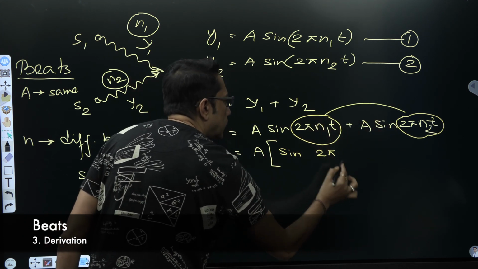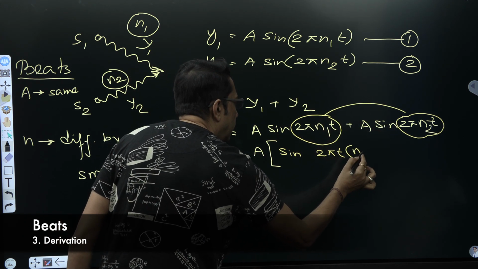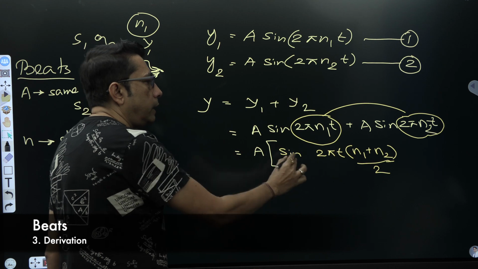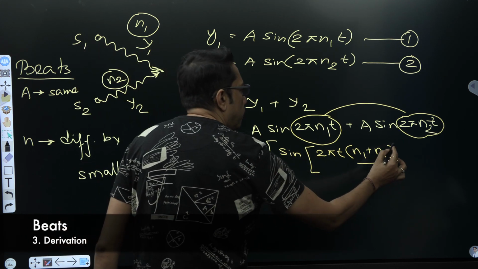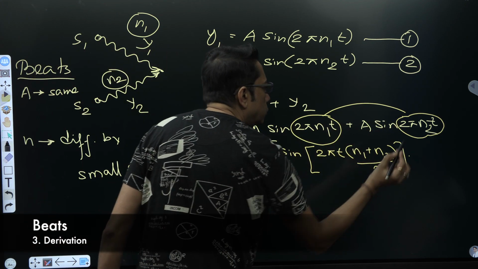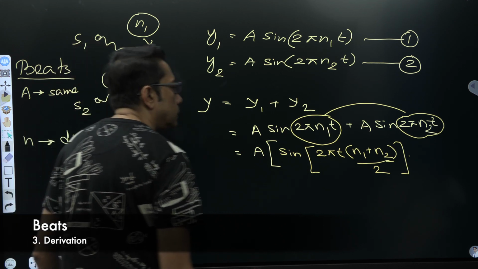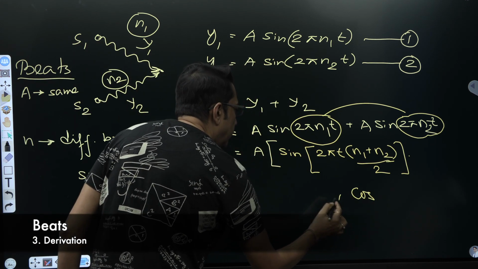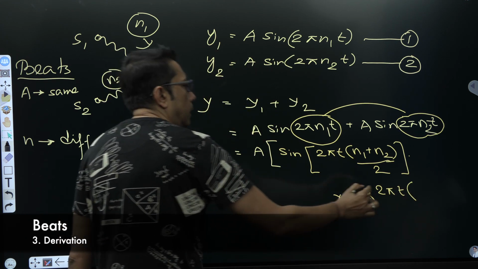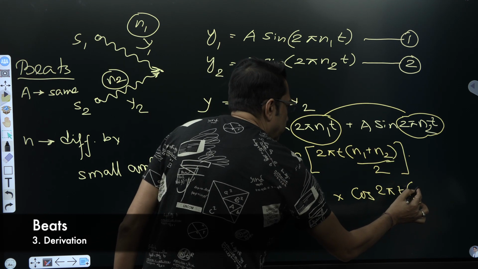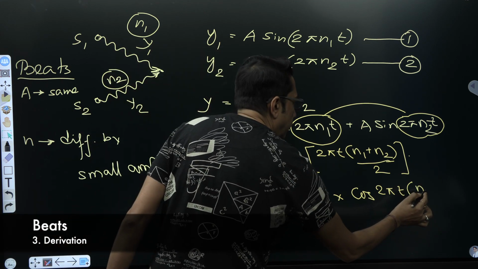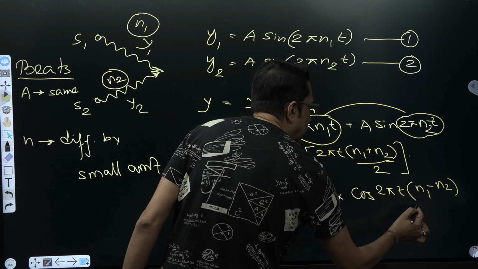So this angle plus this angle gives you 2 pi t common, (n1 plus n2) divided by 2, into cos of (C minus D) by 2, so cos 2 pi t again common, (n1 minus n2) divided by 2.